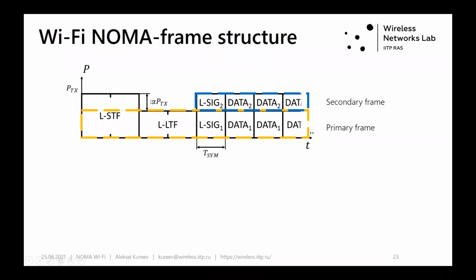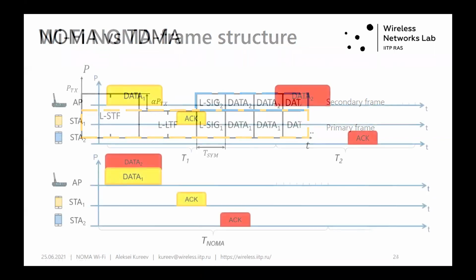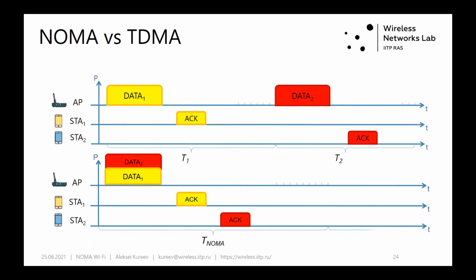This decrease in power is needed for the receiver to obtain the scaling factor alpha and to decode signals from the primary and secondary frame.